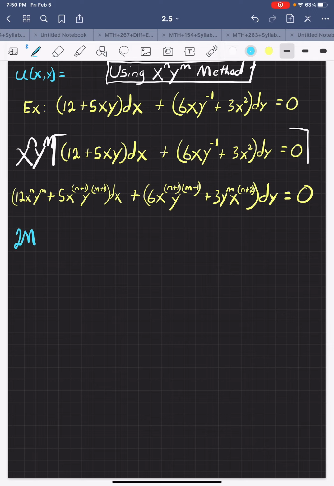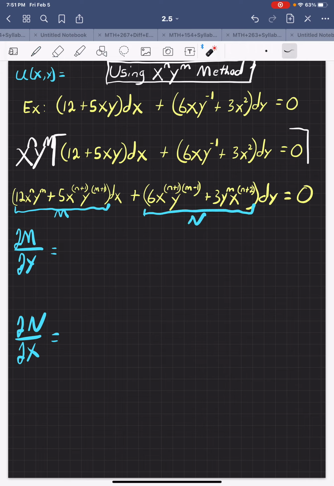So we want to take the partial of M with respect to y, and the partial of N with respect to x. I'm not going to lie to you, I am just so excited to be able to show you this method. I can't contain myself. Ready? So let's start. I'm going to go ahead and label M. So obviously this is M and this is our N.